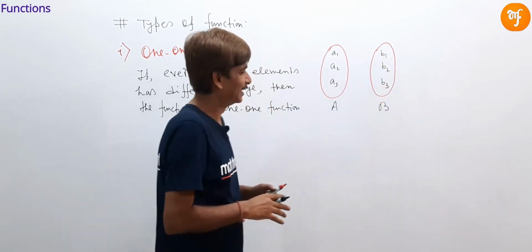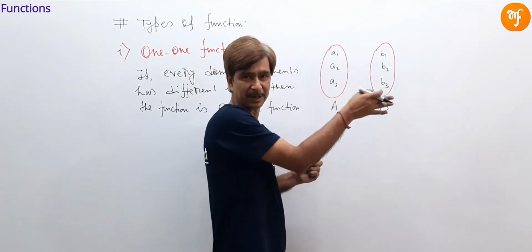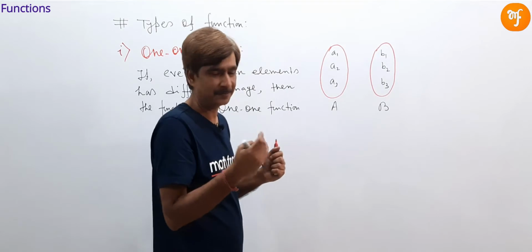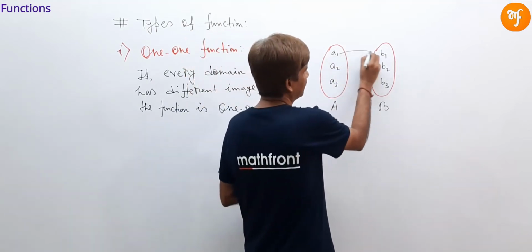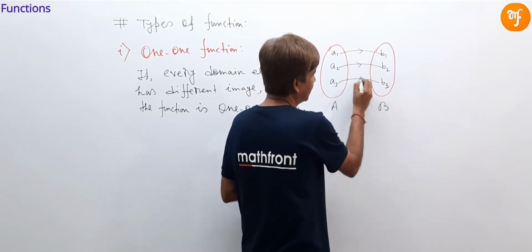Now if a1 has f image b1, where f is a relation, a2 has f image b2, a3 has f image b3.